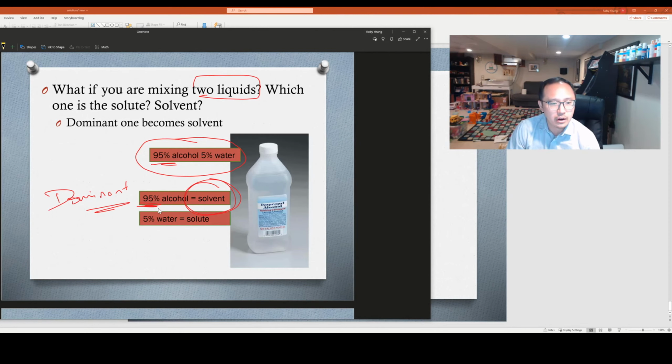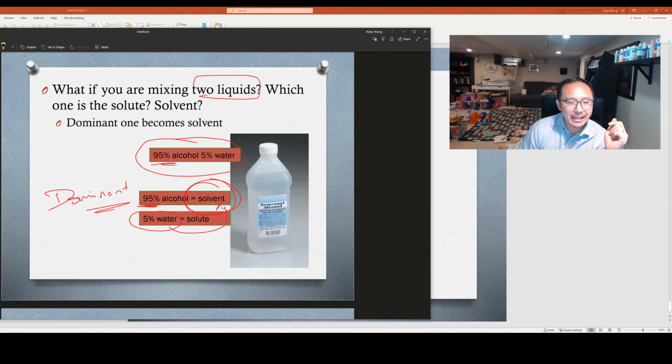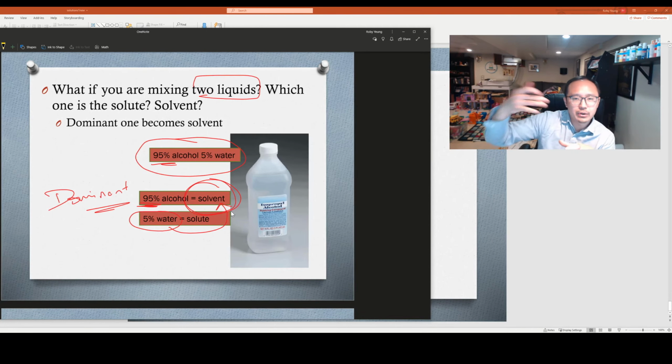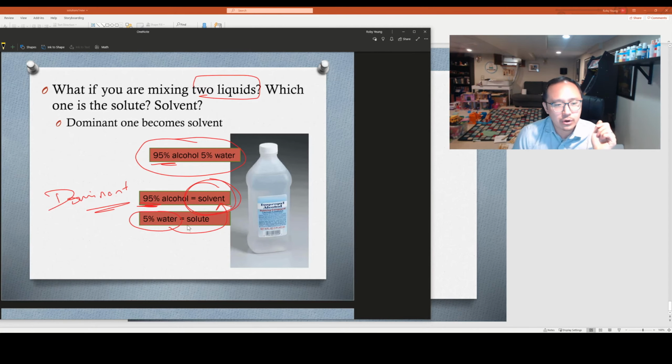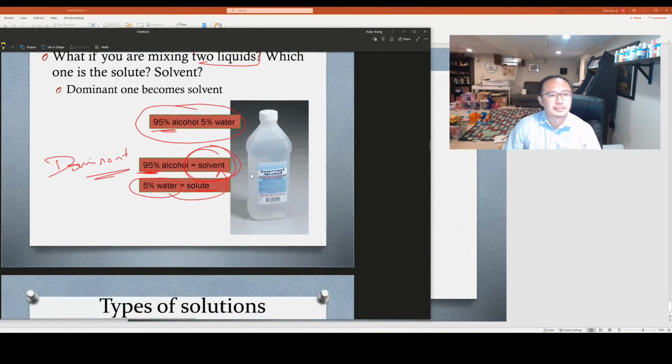Because your alcohol has the bigger amount, that's your solvent. And now this water is actually dissolving into the alcohol. You're putting water into the alcohol, so that water is your solute. So don't always think solute is always a solid, because you can have liquid solutions. Just remember that the solvent is the dominant one. Is that good? We will forever remember that, right? That's good. Then let's move on.